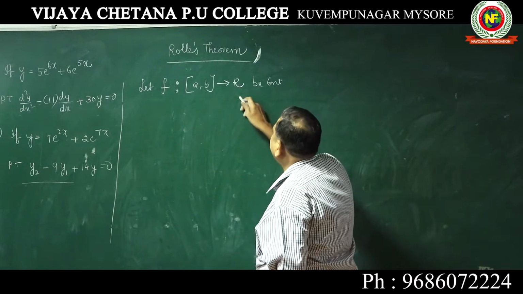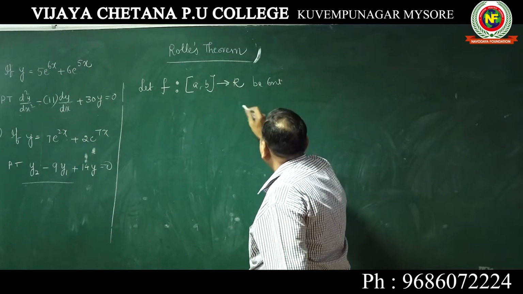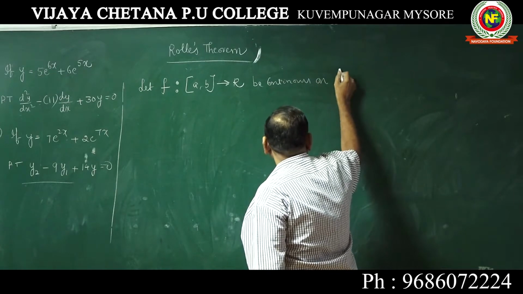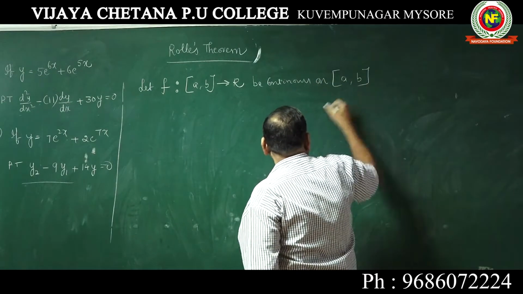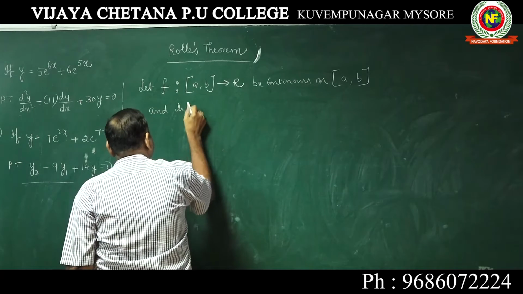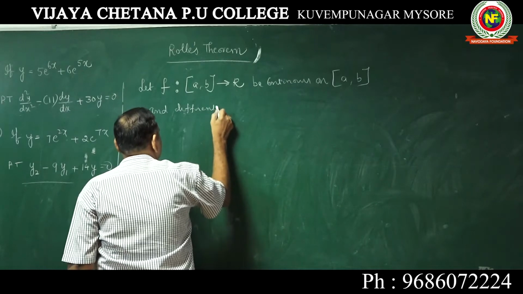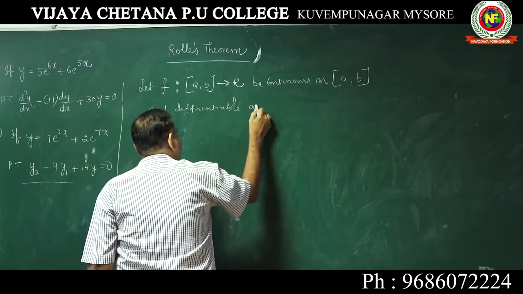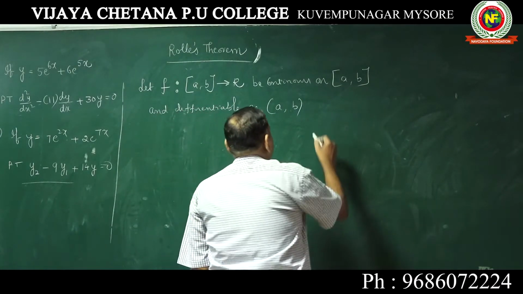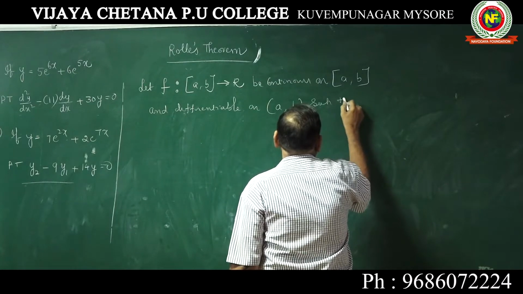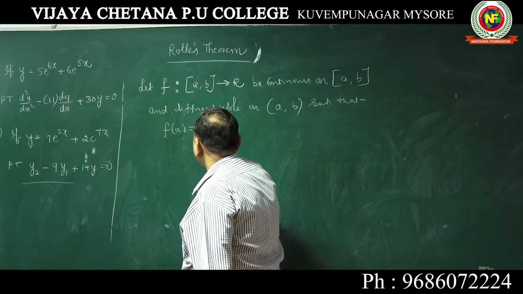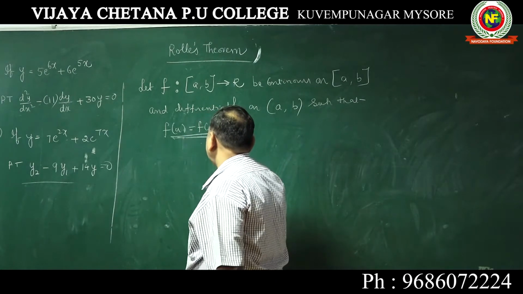Let f from a to b to R be a continuous function, continuous on the closed interval ab, and differentiable on the open interval ab, such that f of a is equal to f of b. Very important condition: f of a is equal to f of b.